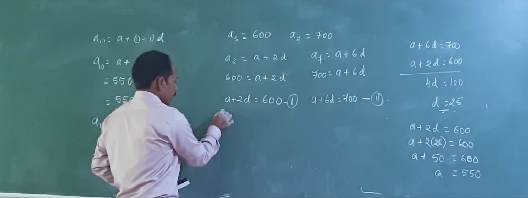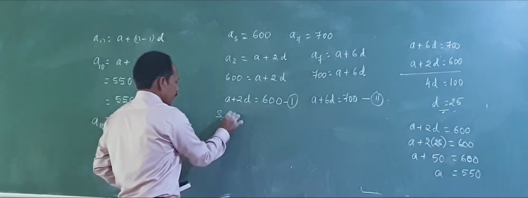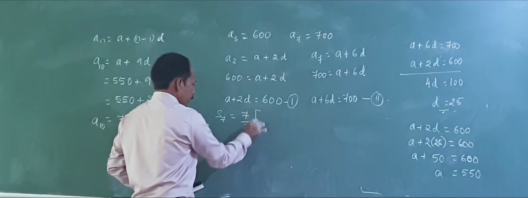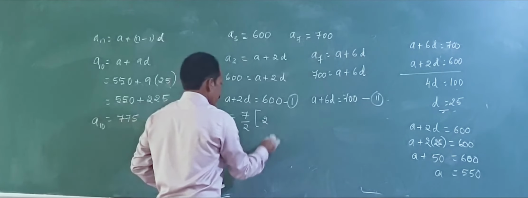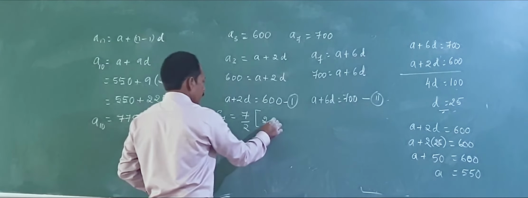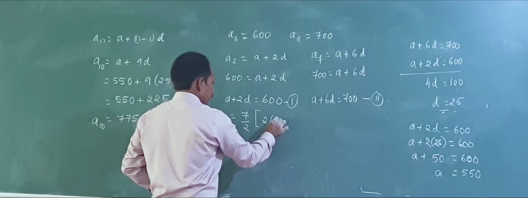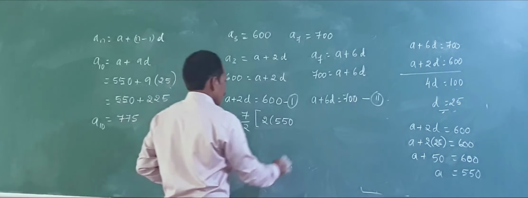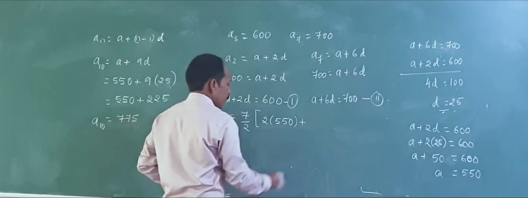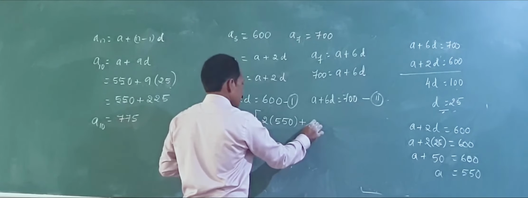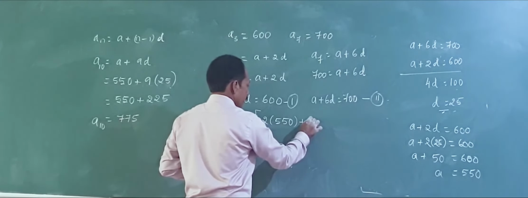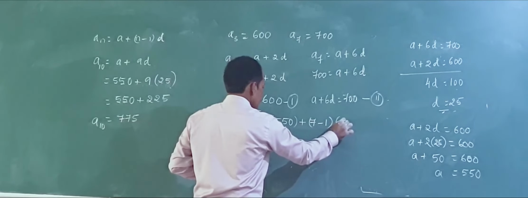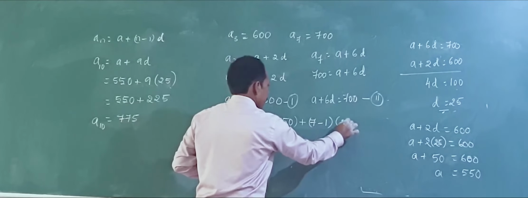I'll write here: S7 will be n by 2 into 2A plus n minus 1 into D. I'm directly applying the formula. A is 550, the first term is 550. n is 7, so 7 minus 1 into D is 25.